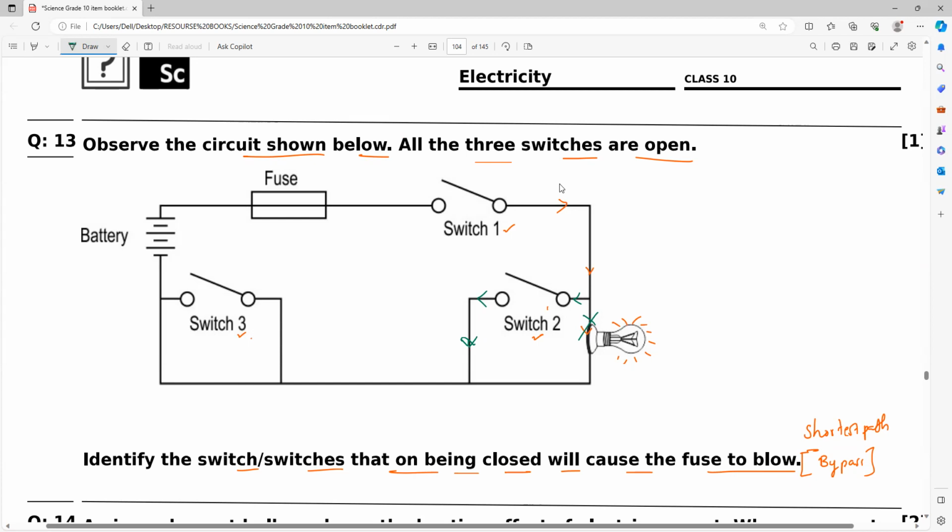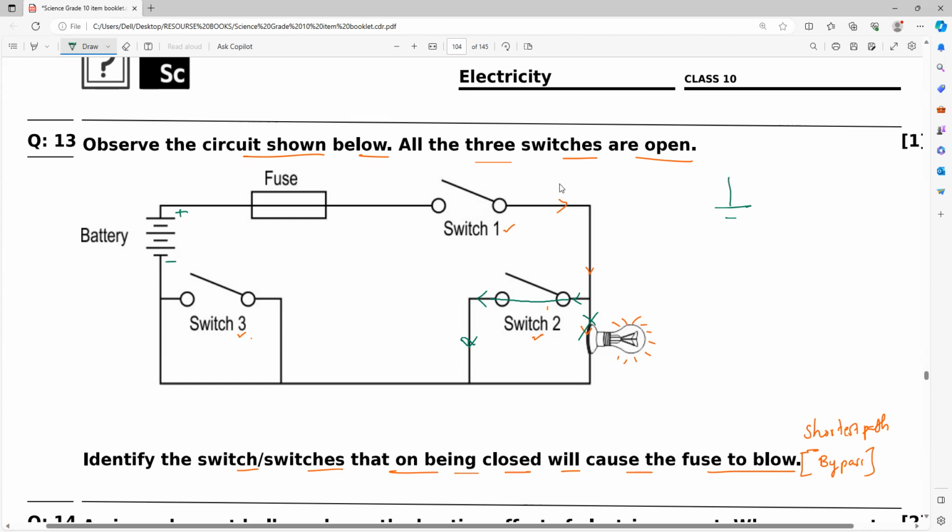So that is what we call the shortest path. The circuit is bypassed, which means no current is passing through the bulb. The bulb is a what? Resistor. So in this situation, you can see the positive and negative terminal are directly connected.